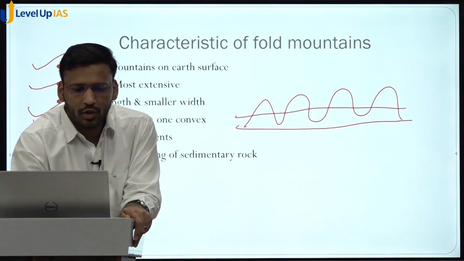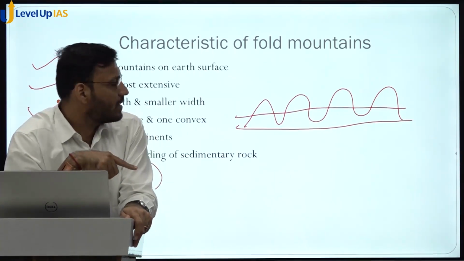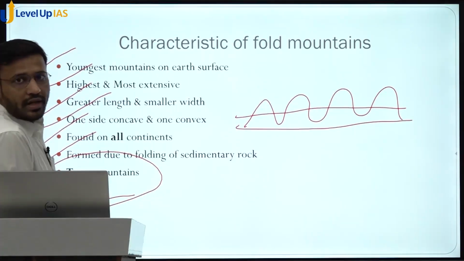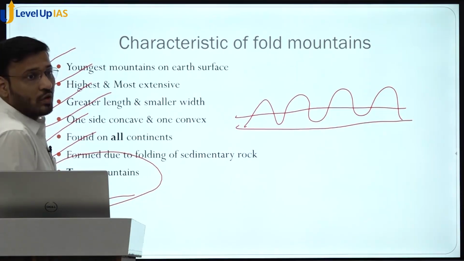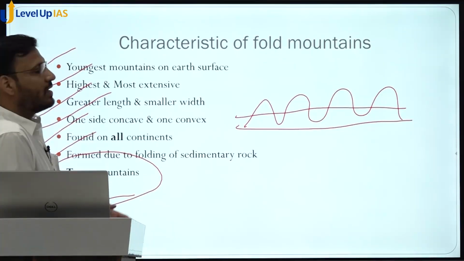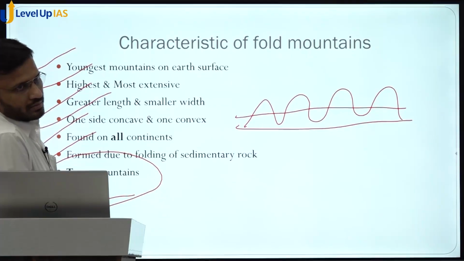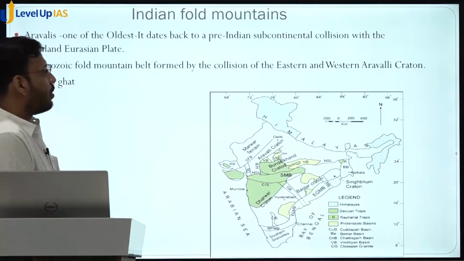They are formed due to folding of sedimentary rock, and they are called true mountains because they are formed through the process of mountain building. Through millions of years they have formed. They haven't formed suddenly. So they are called true mountains. Okay. So they are called fold mountains.